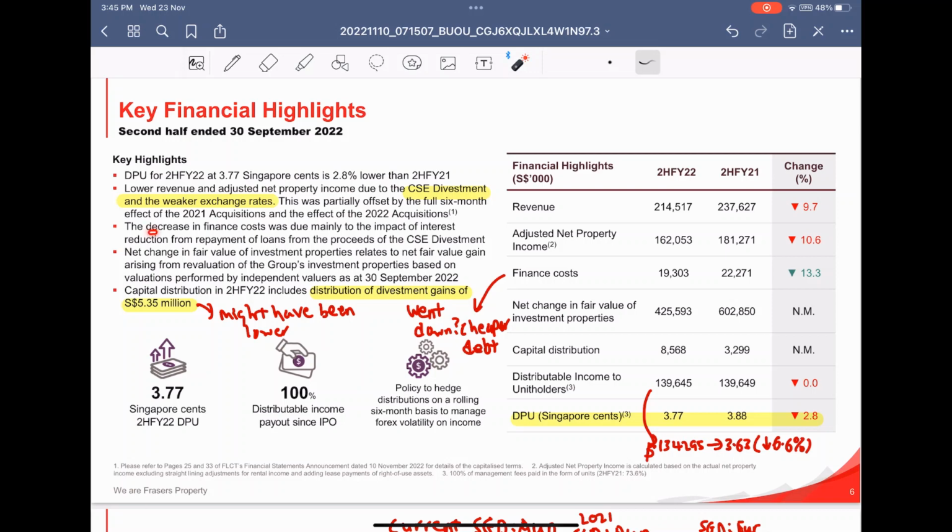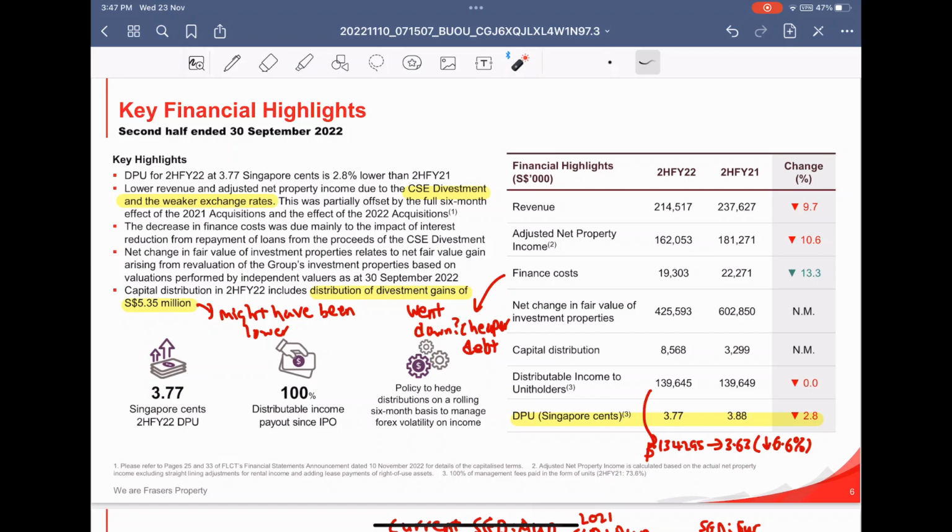They also reduced financial costs, mainly due to the interest reduction from the repayment of the loans using the divestment proceeds, which is a good thing but can also be a bad thing because they are paying off their loans of cheaper rates. However, I want everyone to focus on this important part.